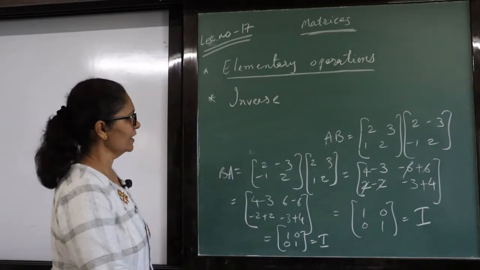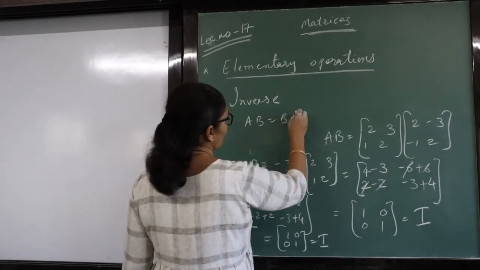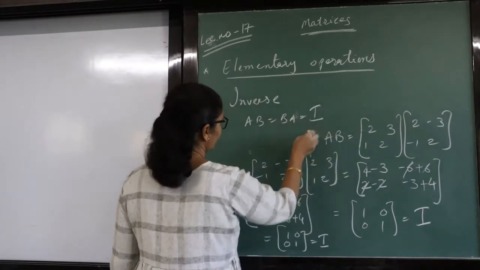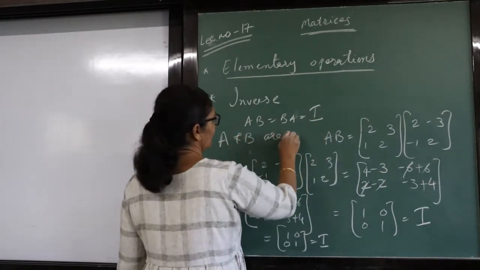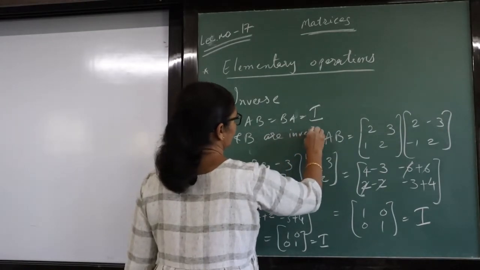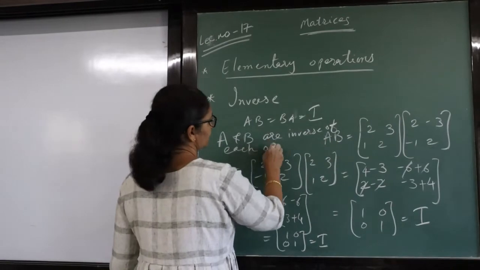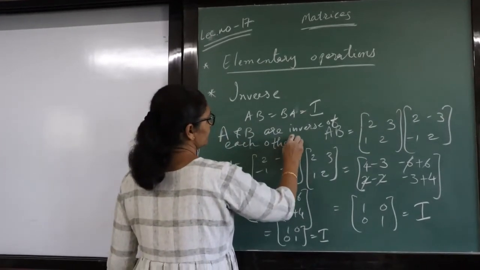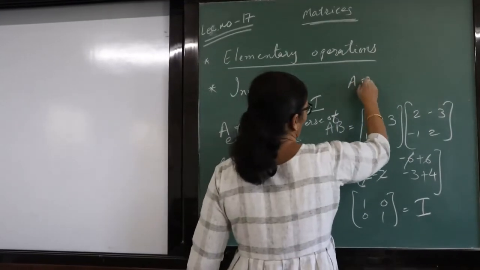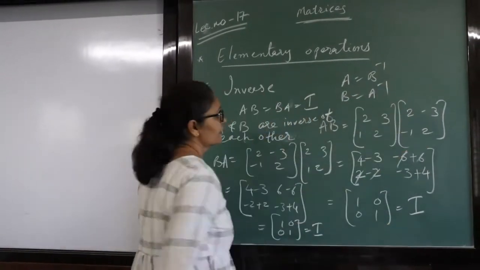So you can say that if for AB and BA you are getting the identity, then A and B are inverses of each other. How can I write it? A equals B inverse or B equals A inverse.